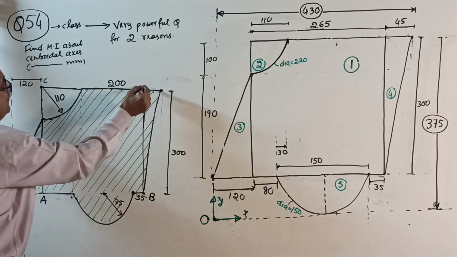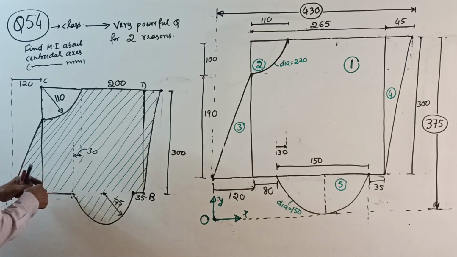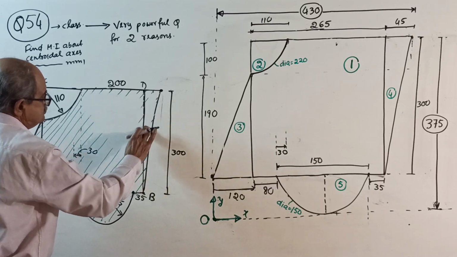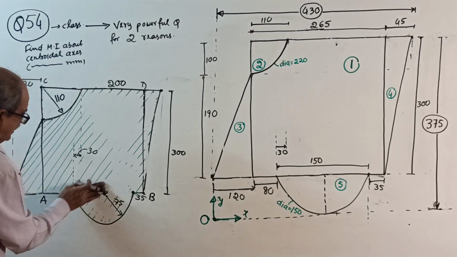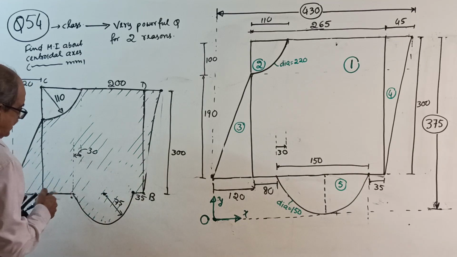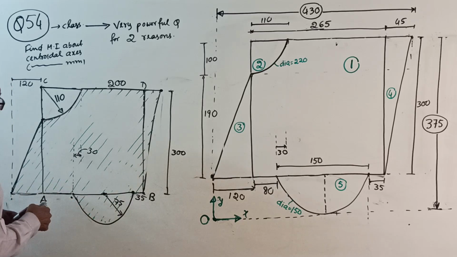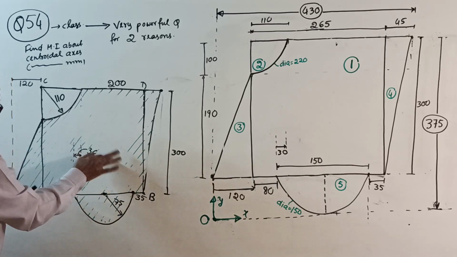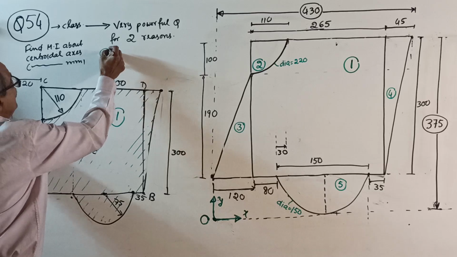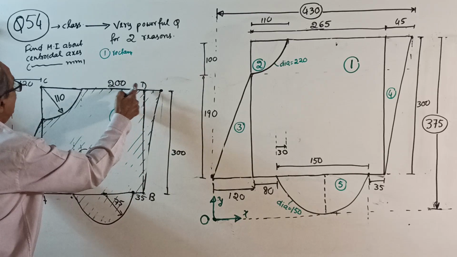This is C, this is D. So this is part number 1. I will remove that. This all I will remove now. Second time, this is not given, I will remove it. Sorry, I forgot. Okay, now this 30 is still required. I will take this as part 1. So your part 1 is a rectangle, rectangle ABDC.